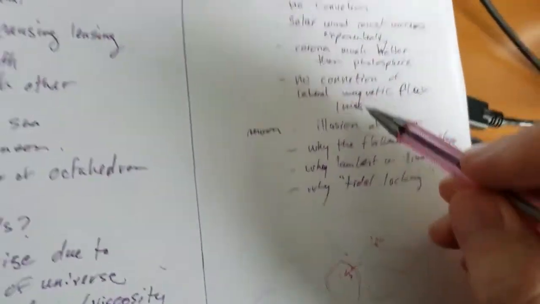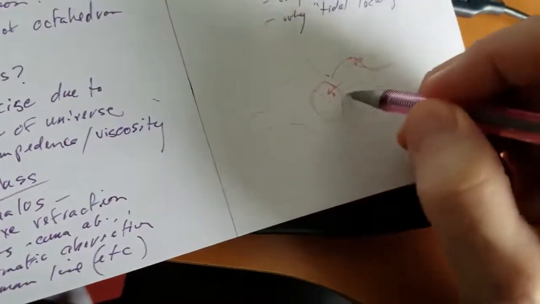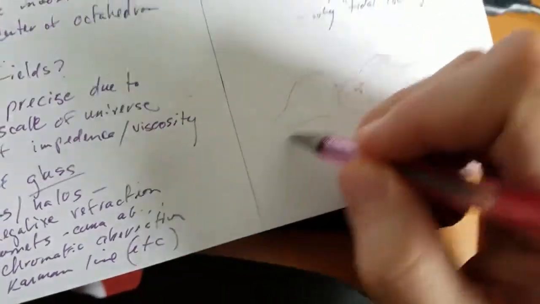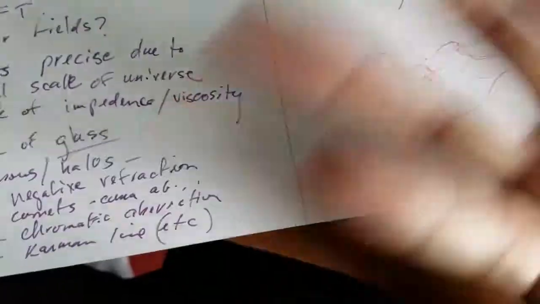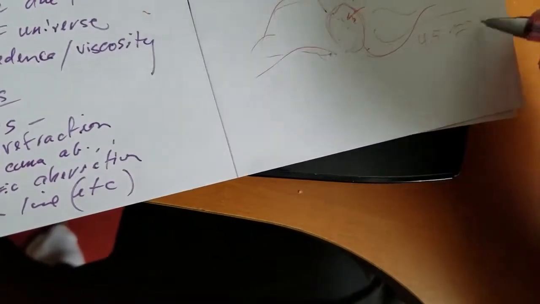No connection of the lateral magnetic flux lines. That's a big problem for helioseismologists. They have these magnetic flux lines going out like this, but they're not reconnecting. They say, oh, it's just going on infinitely, up to 4.5 billion years of time, and they just keep going. So there's no loop. There's no connection.